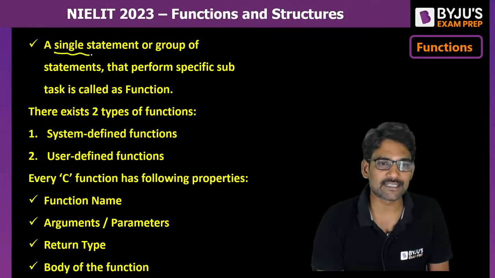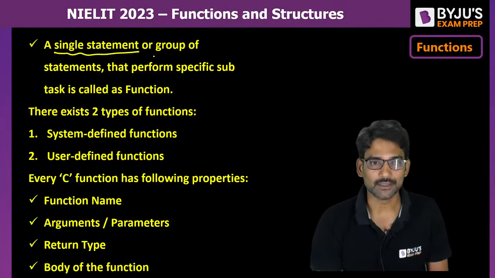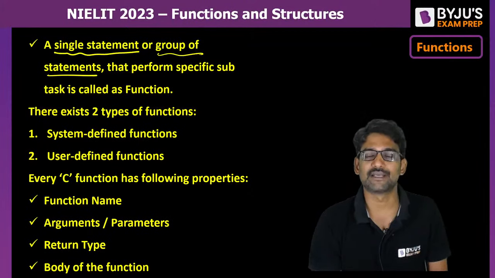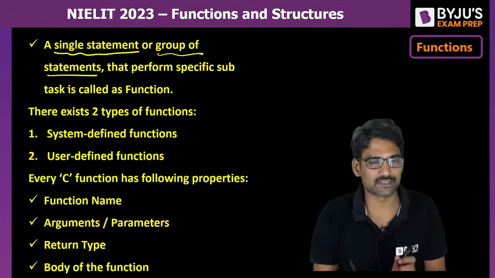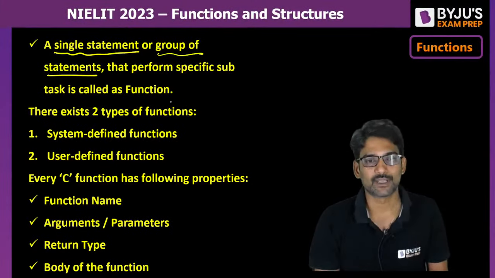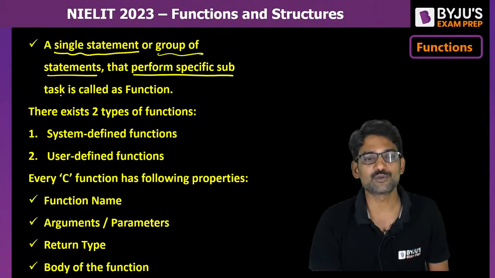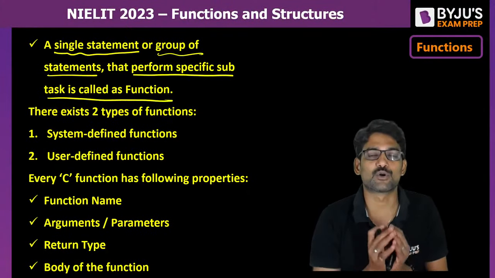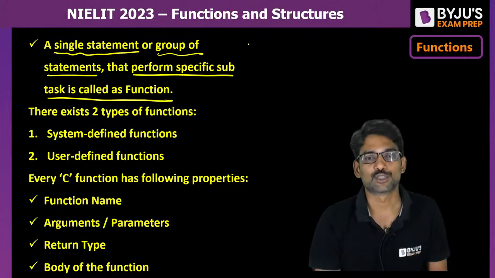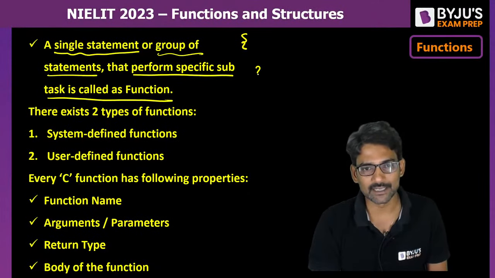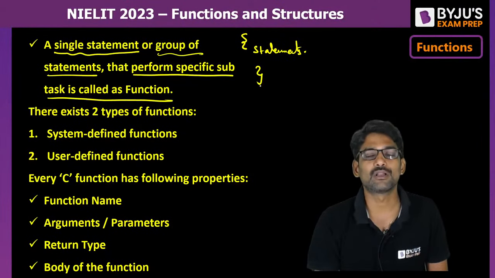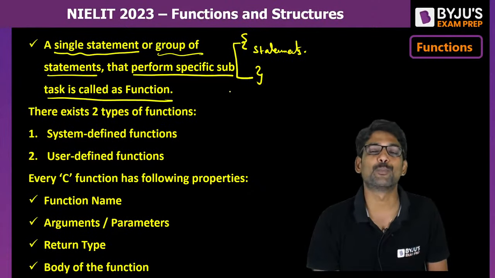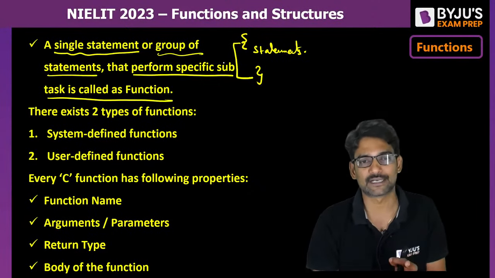So what does a function mean? A single statement or group of statements. There can be one statement or multiple statements together. If they finish one task, that is called a function. We will write all those statements inside an open curly brace and closed curly brace.